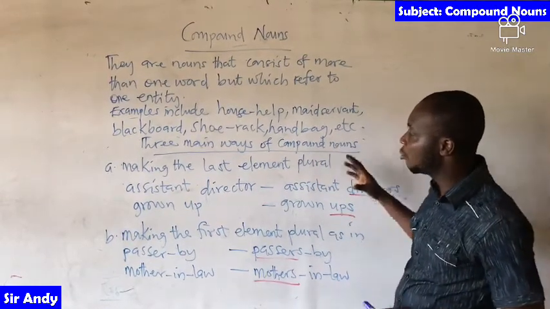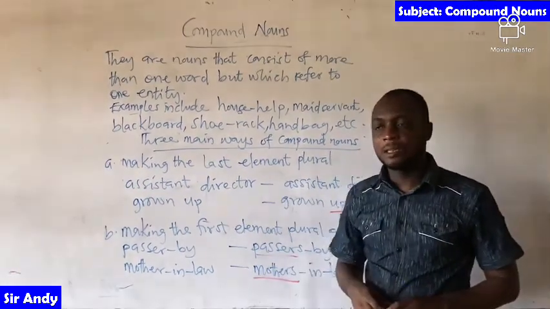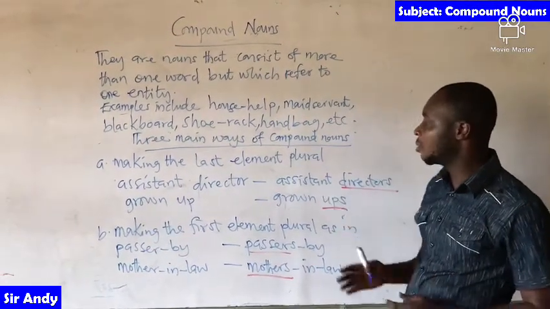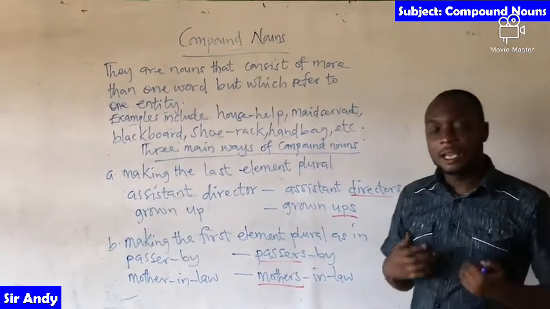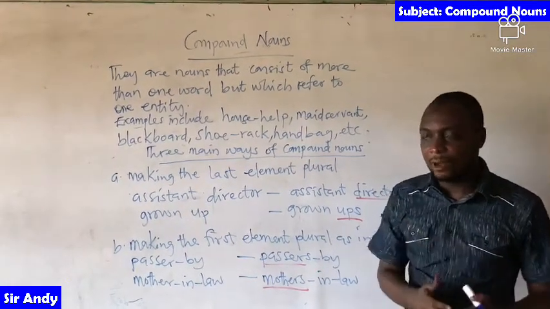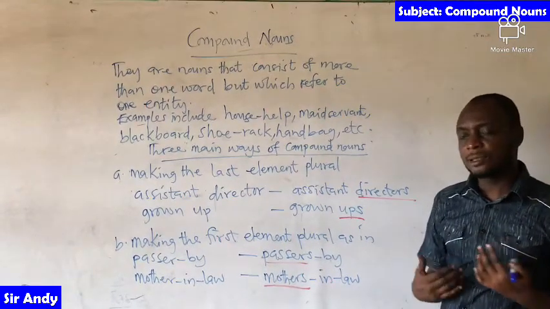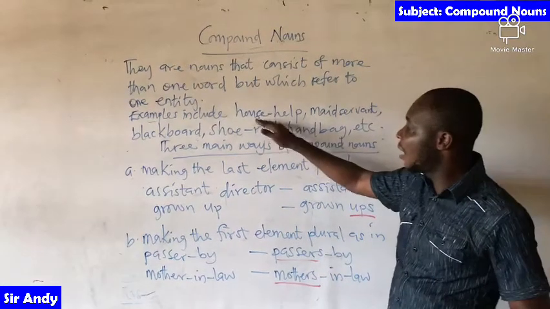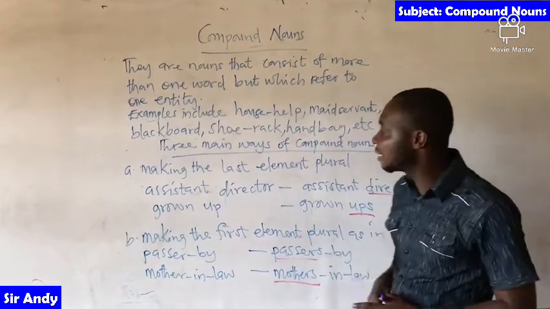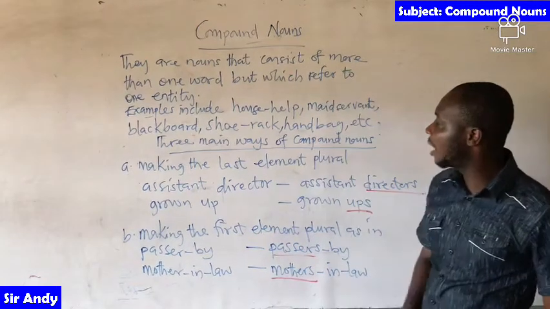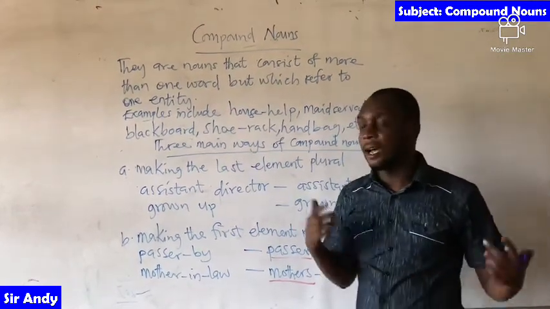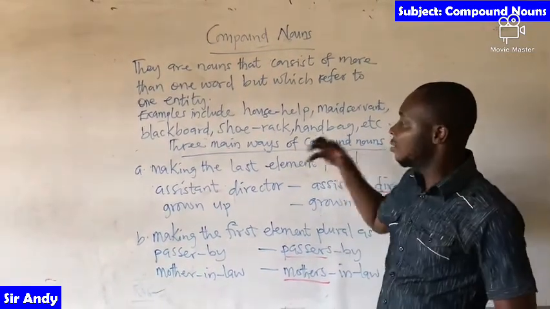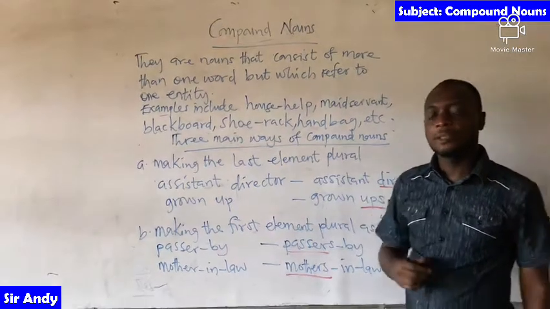And we are going to look at the various kinds or forms of compound nouns, and how they are expressed in their singular forms and their plural forms, to enable us to know the differences. So we have examples like house help, maidservant, blackboard, shoe rack, handbag, etc. These are all considered compound nouns.